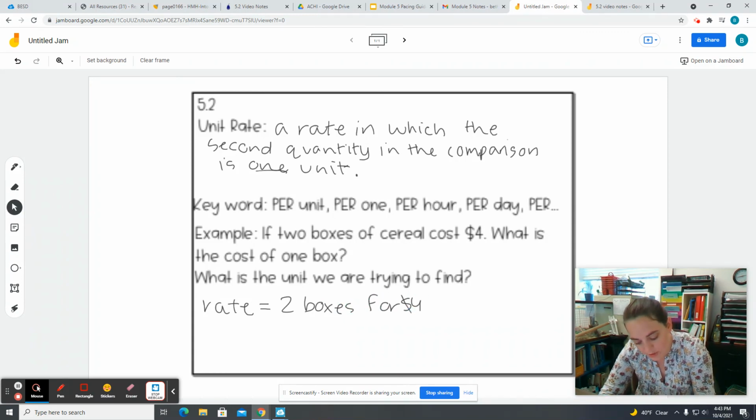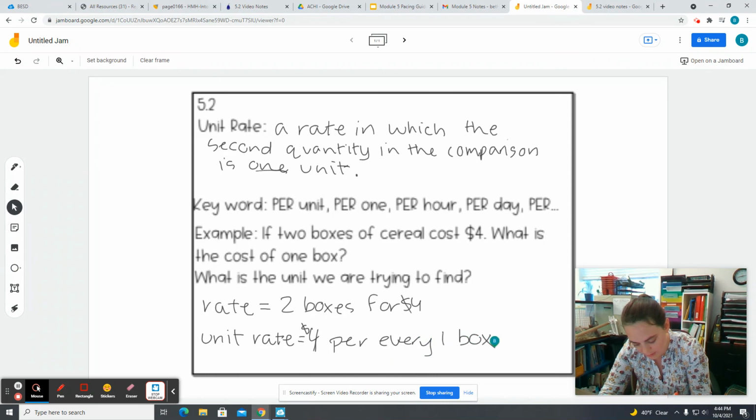And so this example is if, from the previous slide, if 2 boxes of cereal cost $4, what is the cost of 1 box? So before, right, our rate would be, okay, 2 boxes for $4. Okay. And then our unit rate would be $4 per every 1 box. Oh, sorry.